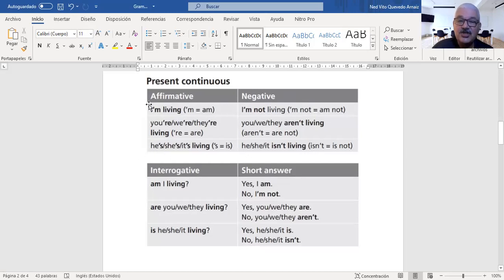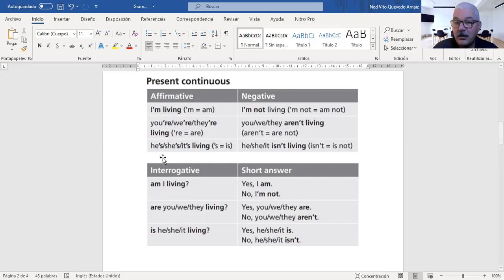You just change the form of the verb be according to the subject you use. So instead of saying am for the second person singular, you will say you are. Instead of saying am for the third person singular, you will use is. So I am living, you are living, he or she or it is living.